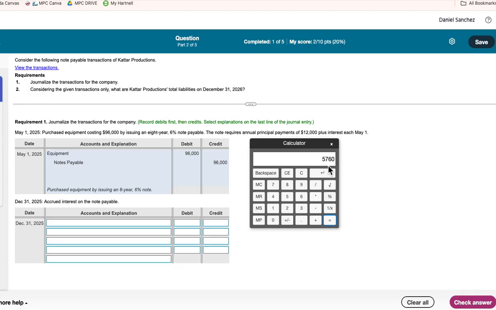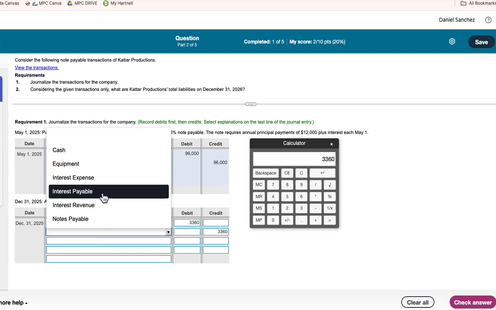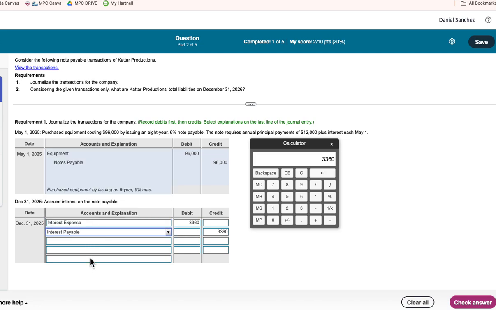And then I am going to divide it by the amount of months that we've had. So I'm going to multiply that by 7 divided by 12, and that equals 3360.